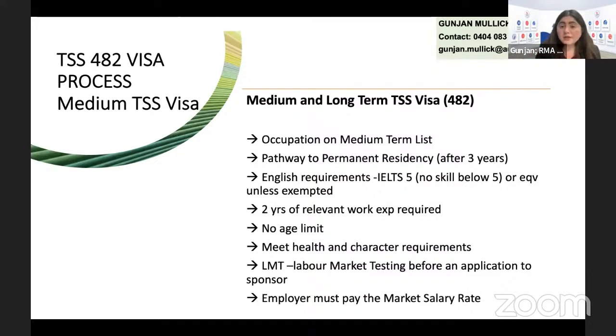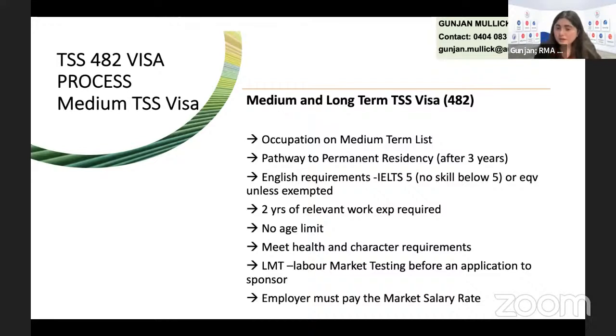There's no age limit for the 482. So if you're more than 50, 55 and your employer is happy to sponsor you, you may be eligible to lodge the 482 visa. You need to meet the health and character requirements. For health checks, for example, if you're facing major health issues and the cost to the Australian community is really high, then there may be some issues.